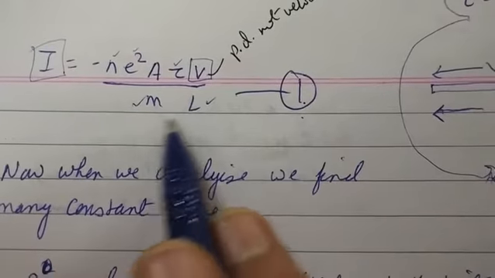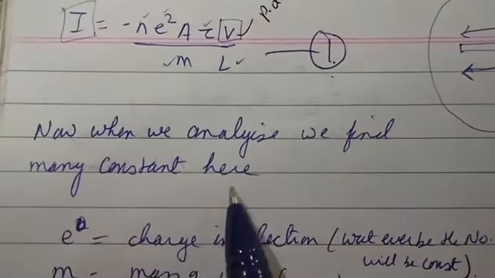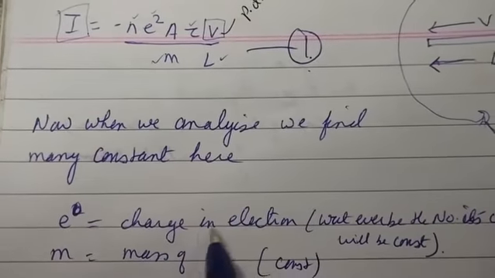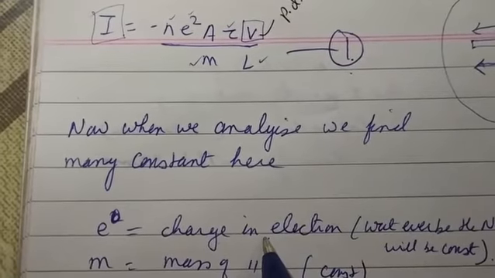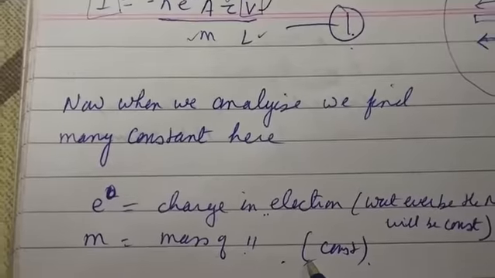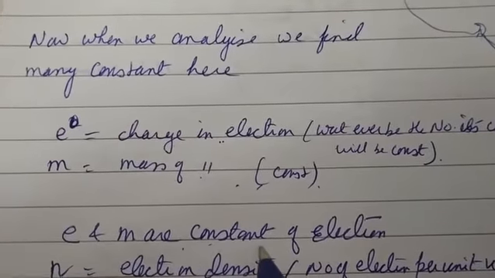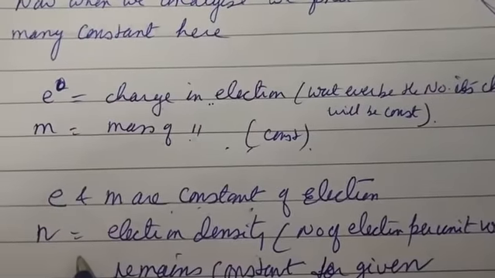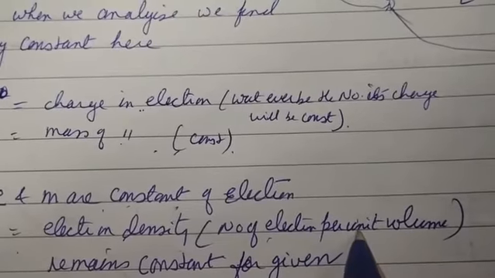Now here we will see many constants are there. E, the charge of the electron, is always constant. m is the mass of the electron, that is also constant. Now N is the electron density, or number of electrons per unit volume.